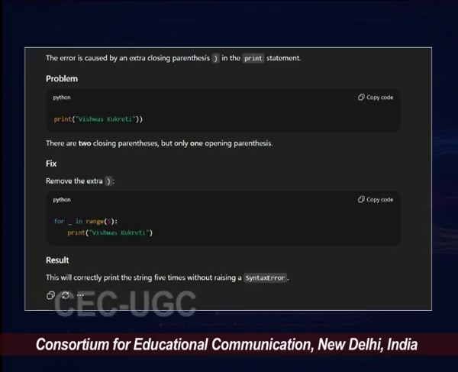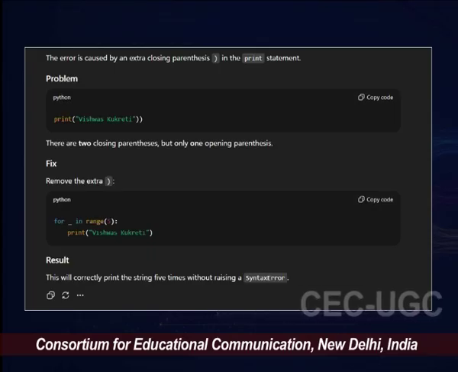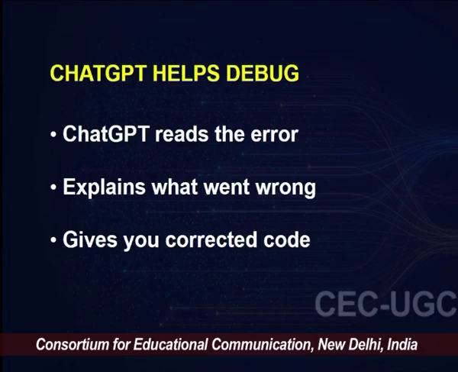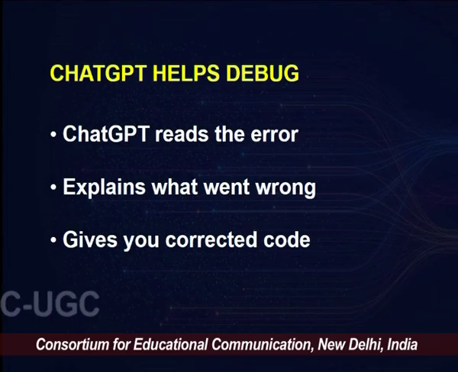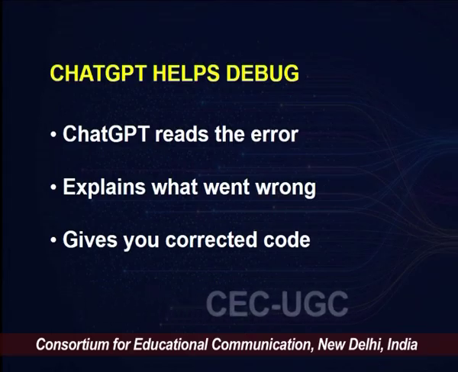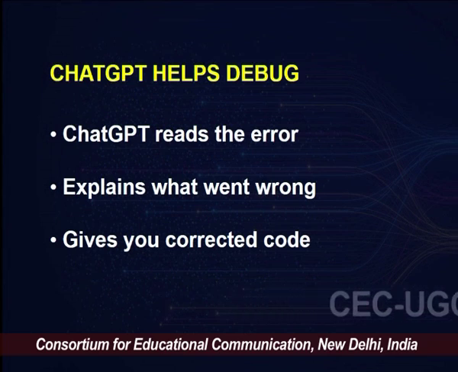ChatGPT also tells you the fix. It tells you to remove that unnecessary parentheses from your code, and then the code will run fine. So what does ChatGPT do? ChatGPT helps you debug. It reads the error, explains what went wrong and gives you corrected code.